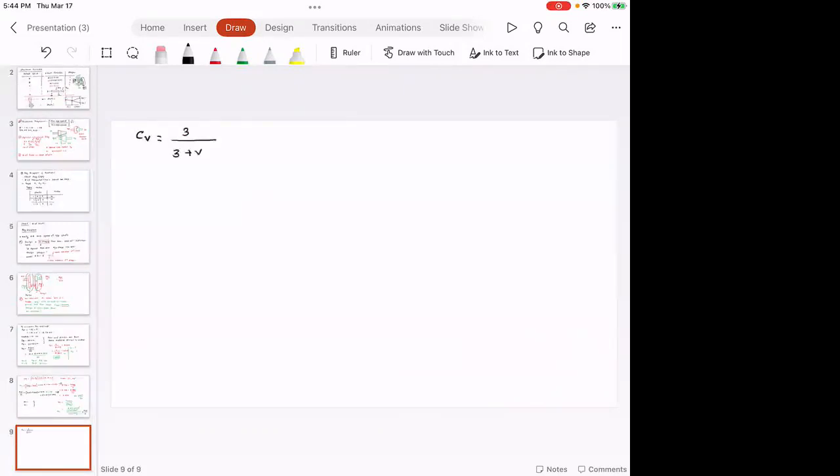3.3 plus V, and the velocity VP is less than 12.5. CV is equal to 6 divided by 6 plus V when the velocity VP is less than 20 meters per second, if you have carefully cut or very accurately cut and ground.